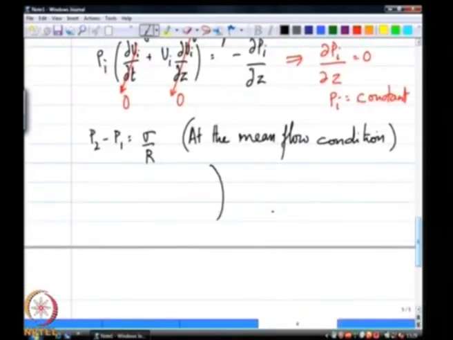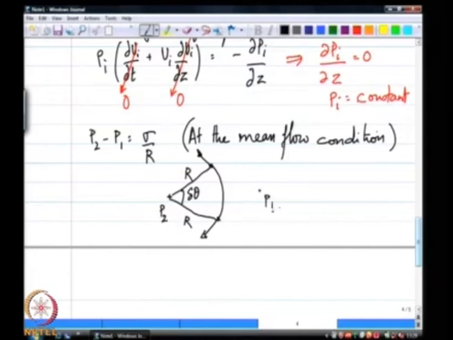If I take a piece of that, some delta theta in angle, if I take a piece of the jet, and if P 2 happens to be the pressure here, and P 1 happens to be the pressure outside, there is a surface tension force that acts at the cut section.